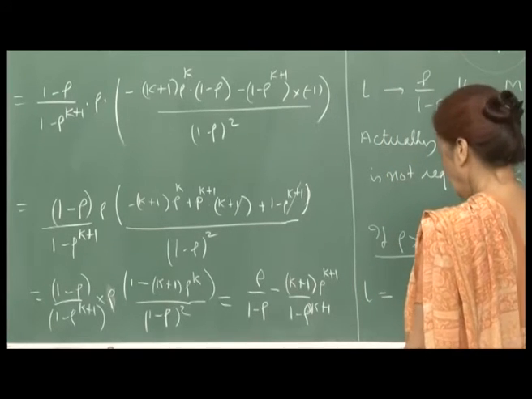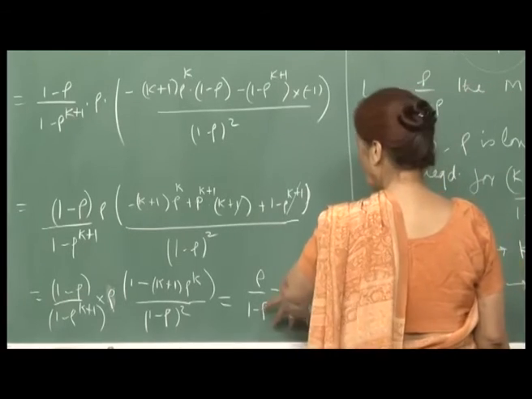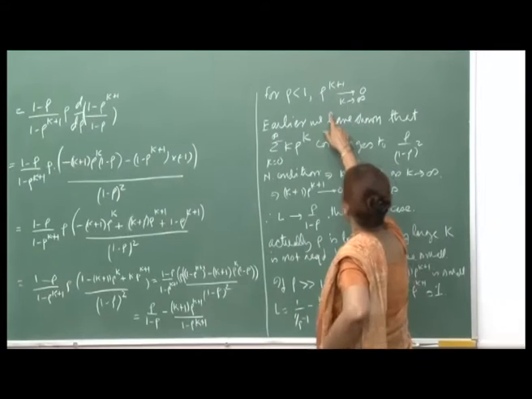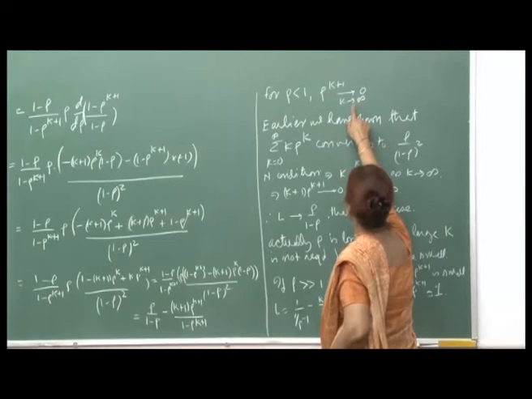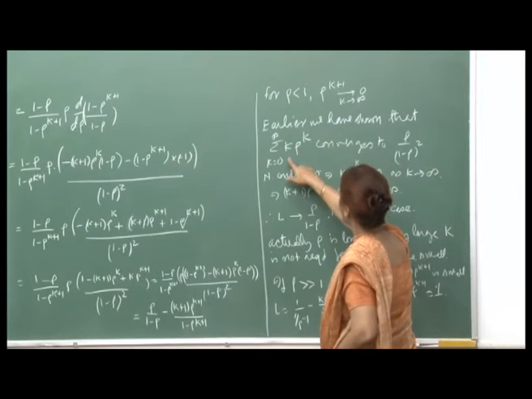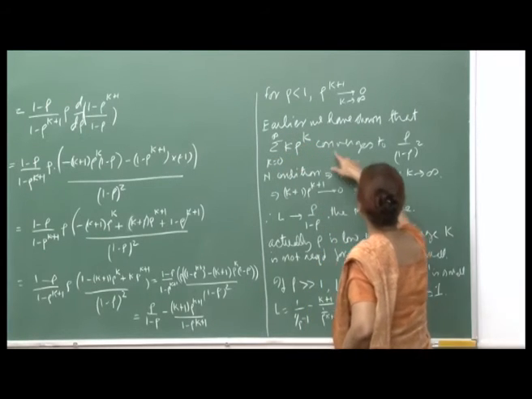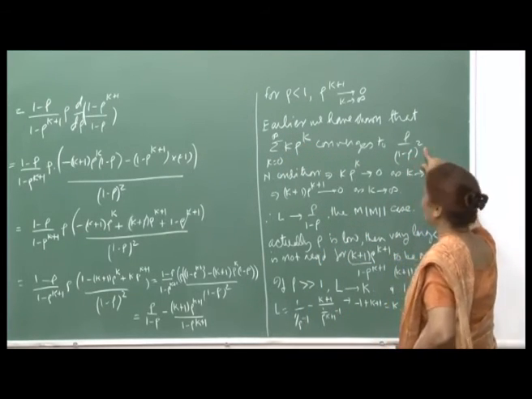Now, we just want to look at the long-term behavior if you allow k to become large. For rho less than 1, rho^(k+1) will go to 0 as k goes to infinity. Earlier we have shown that the series, the summation of k rho^k, converges to rho upon (1 minus rho) whole square.